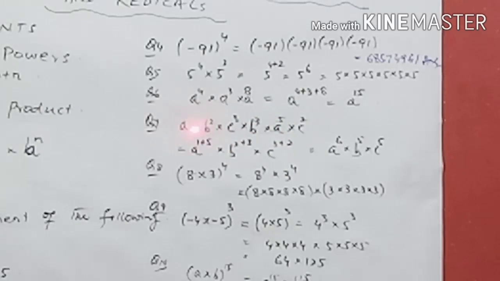A raised to power, nothing means A having the power 1, another A contains the power 5, we add 1 plus 5, multiplied by B raised to power 2 and B raised to power 3, so B raised to power 2 plus 3, then C raised to power 3 and C raised to power 2. Now A raised to power 6, B raised to power 5, C raised to power 5. The answer.